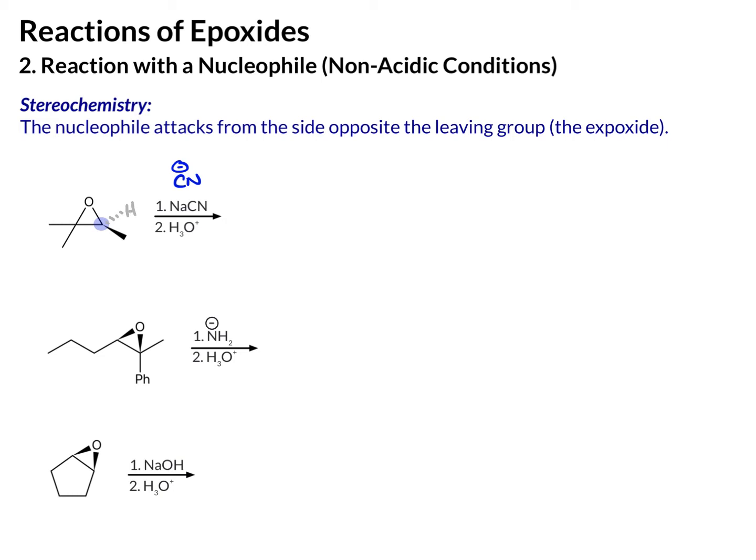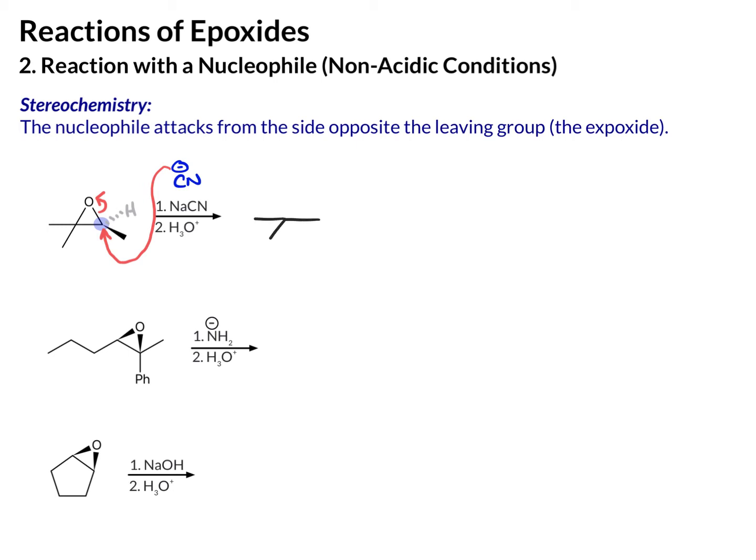Okay, now in this case, the epoxide is drawn in the plane. So what I'm going to do is add the nucleophile in the plane, but from the side opposite, from underneath. So we break that open. Let's draw what we get.